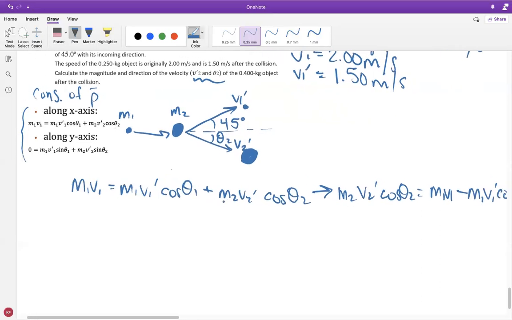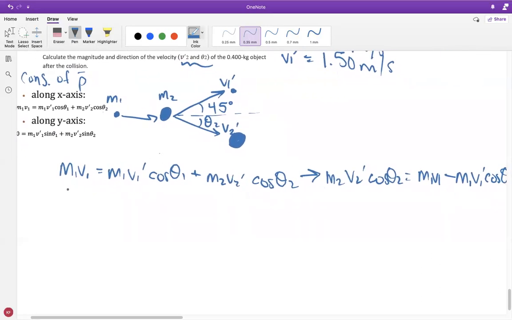Let's look along the y-axis now. We have 0 equals M1 V1 prime sine theta 1 plus M2 V2 prime sine theta 2.